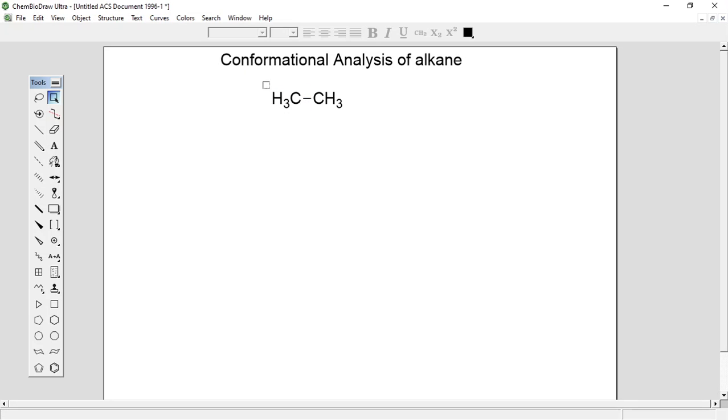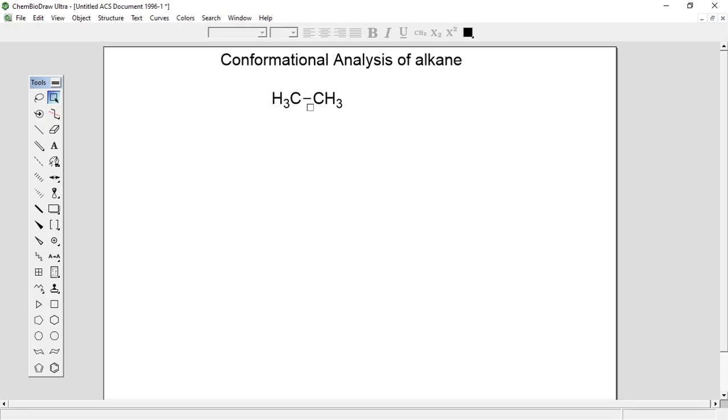So this carbon-carbon single bond you can easily rotate, and the different three-dimensional arrangements that arise due to rotation of this carbon-carbon single bond are called conformations.